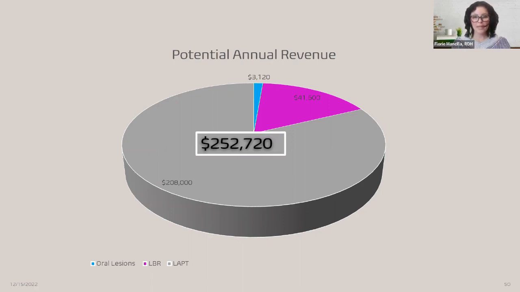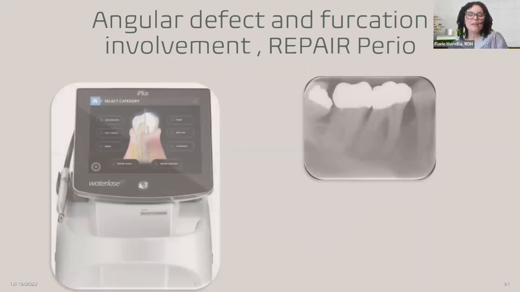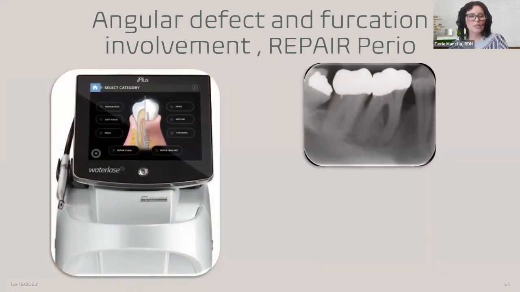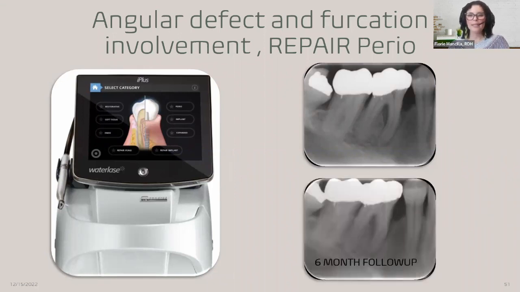But that tells me that if you've already paid off your diode laser, you might want to think about investing in a water laser, which is our all-tissue unit. I wanted to show you, if we diagnose early and have early interventions, we can keep a lot of these patients in-house. Patients don't want to be referred out to perio, go see them for 3 months and come back to you.